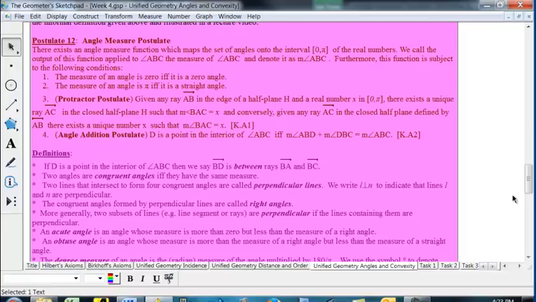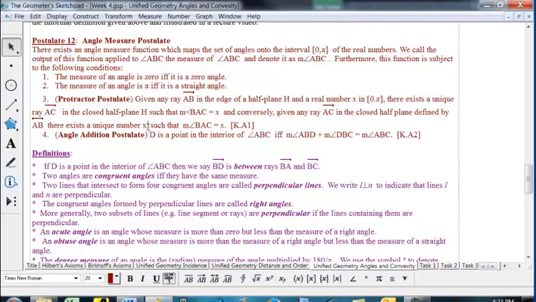Conversely, given any ray in the closed half plane, there exists a real number x such that the measure equals x. And I could also say in that interval, because that's where our measures are.